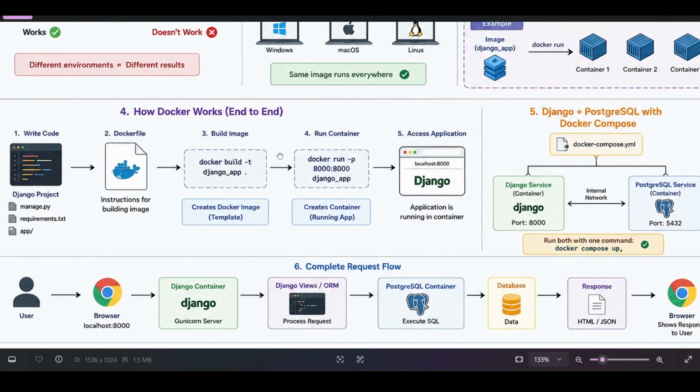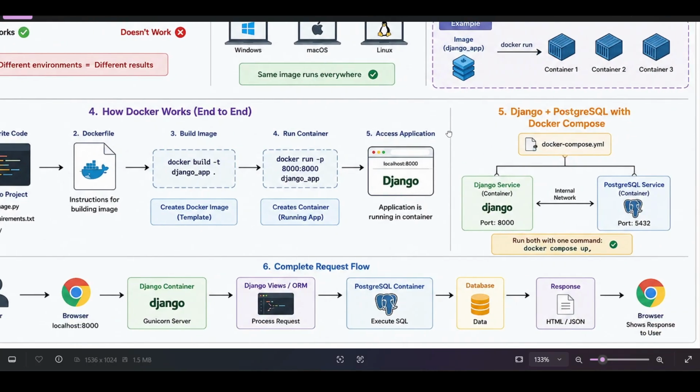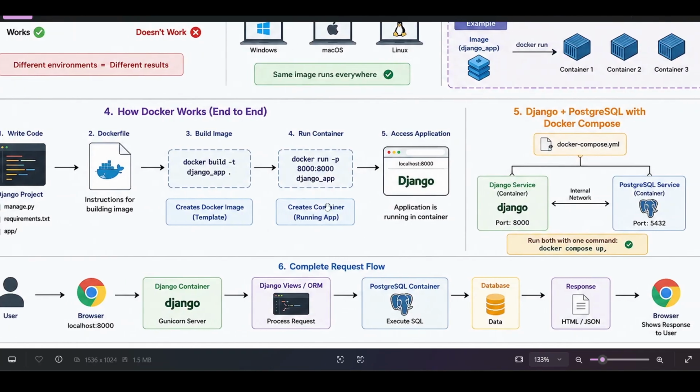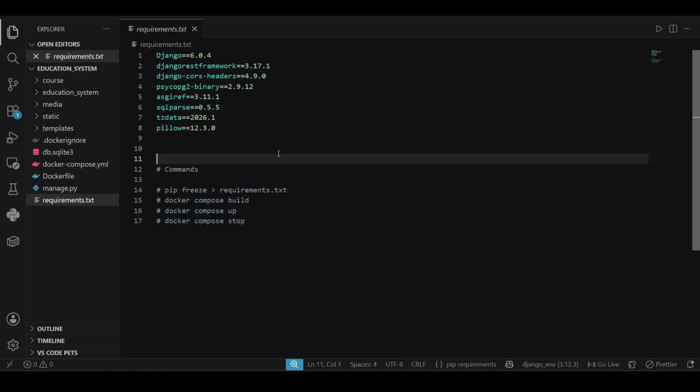So I have explained how you can execute a Django application with the help of Docker, because a complete request flow is there.